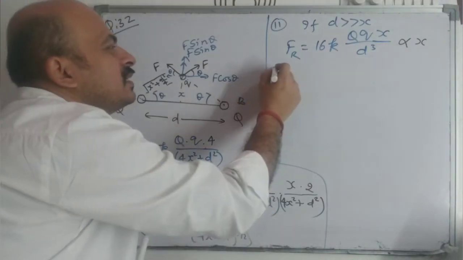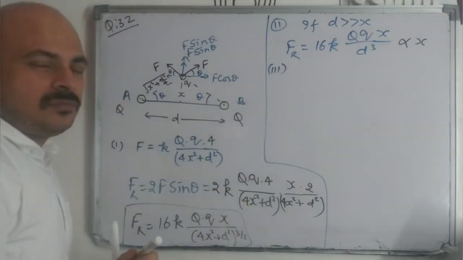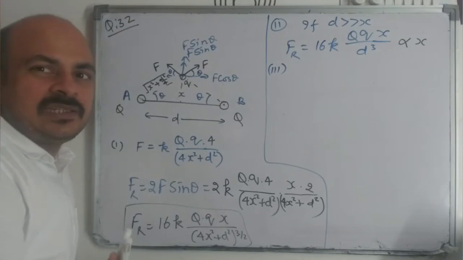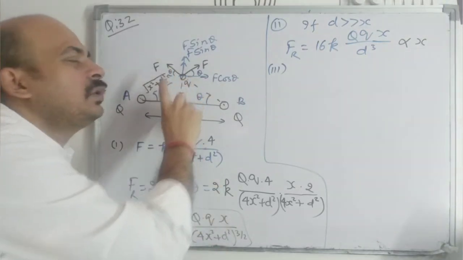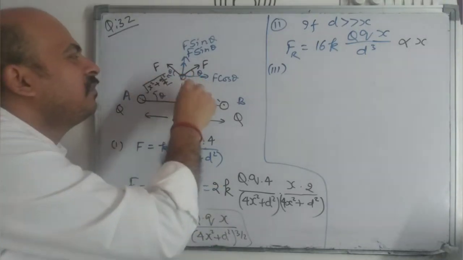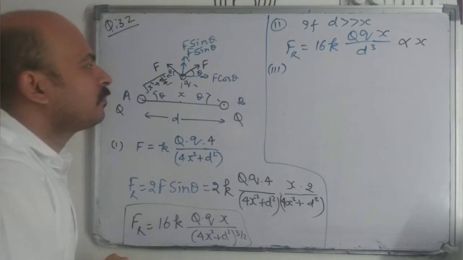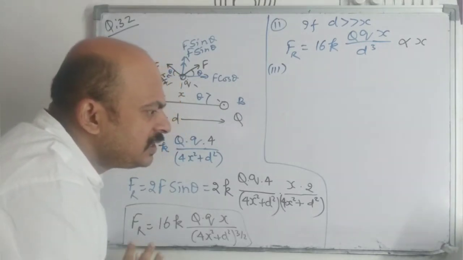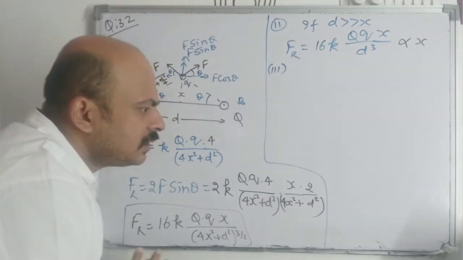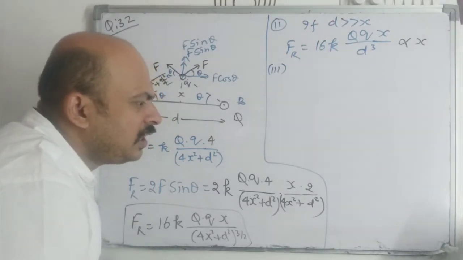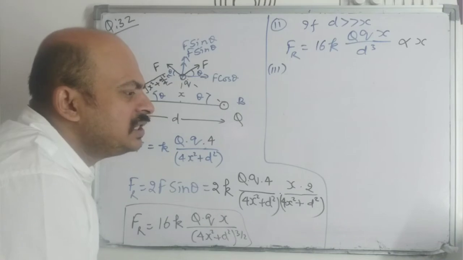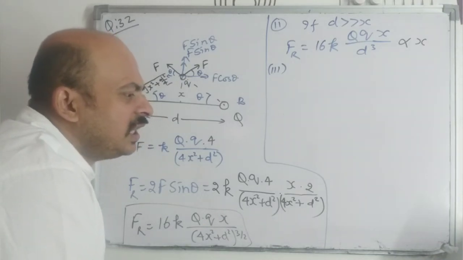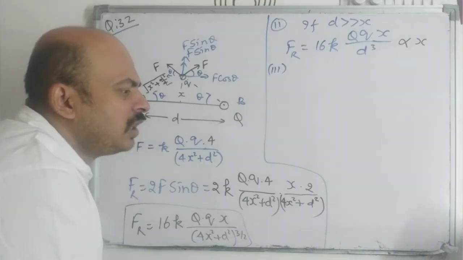Third case, prove that if the particle is displaced slightly, it executes simple harmonic motion if released freely. The third part is, under what condition will the particle q execute simple harmonic motion if it is released after such a small displacement?